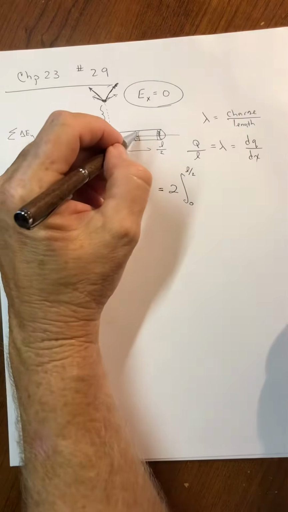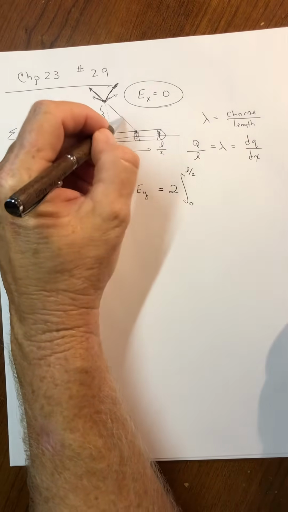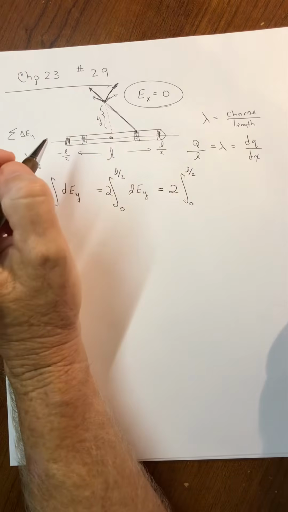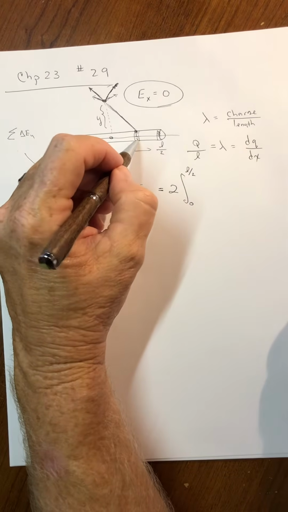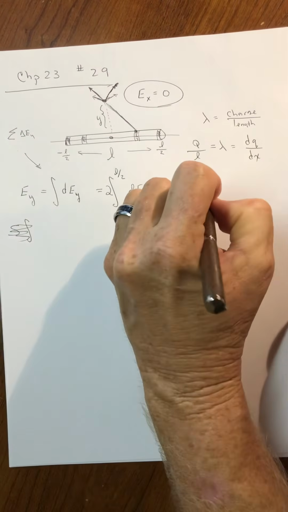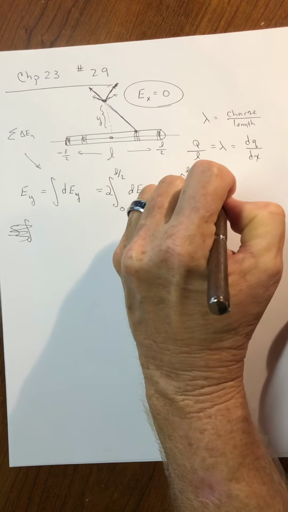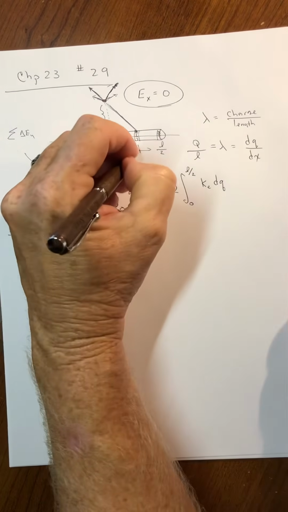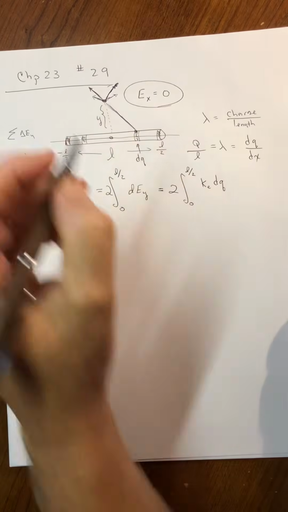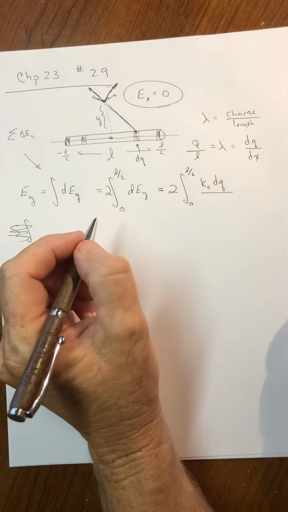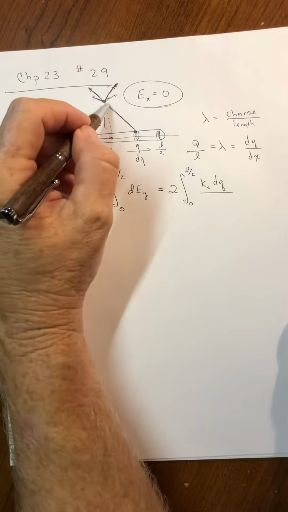And of course, to get the y component of this, let me kind of make a little line here. Let me just think about this little chunk. This little chunk would be then Coulomb's constant times that little chunk of charge. I'm going to call that a dq. And its distance away squared would be this distance.